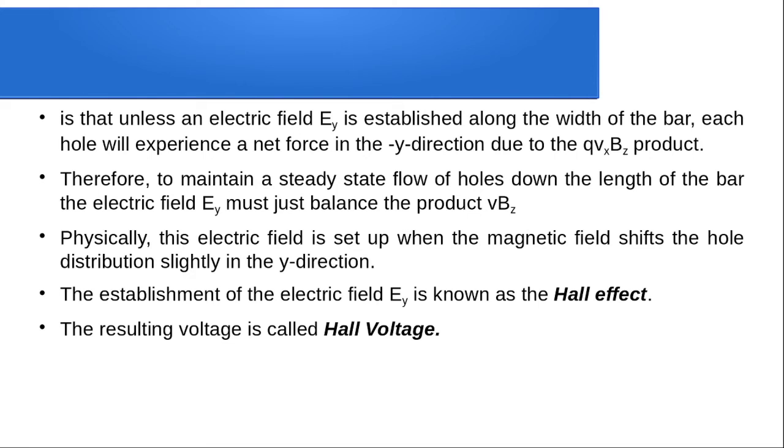So therefore, to maintain a steady flow of holes down the length of the bar, an electric field Ey is present. Or in other words, since we are keeping this wafer, which is already connected to a potential Vx, in a magnetic field, there will be an establishment of electric field Ey in the y direction.